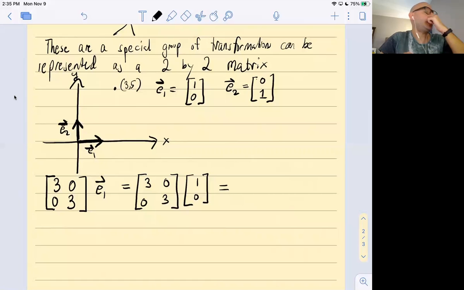Oh, it's just going to be, so this is a 2 by 2 times a 2 by 1, right? So the result will only have one column, because there's only one parking spot. We do the first truck into this parking spot, and then we do the next truck into this parking spot.